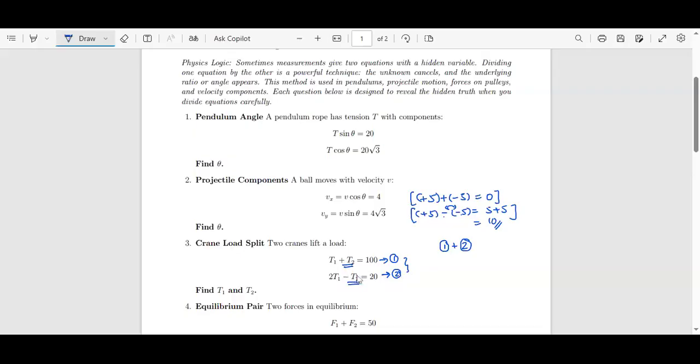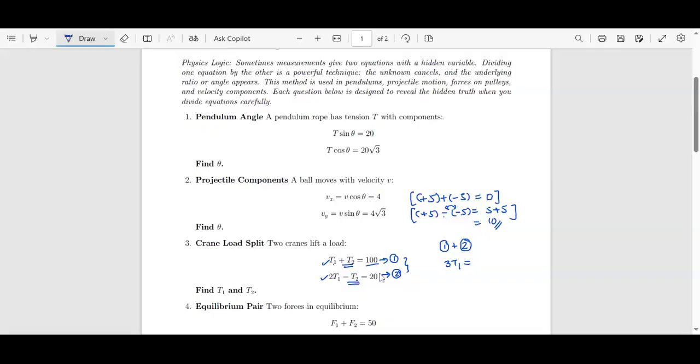When you add them, the t2 and minus t2 get cancelled off, and you are left with t1 added to 2t1. You get 3t1. So t1 and 2t1 get added to give 3t1, and plus t2 and minus t2 get cancelled off. So you have completed the work on the left hand side. You can move to the right hand side.